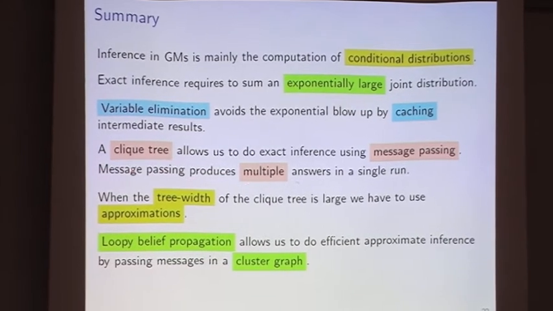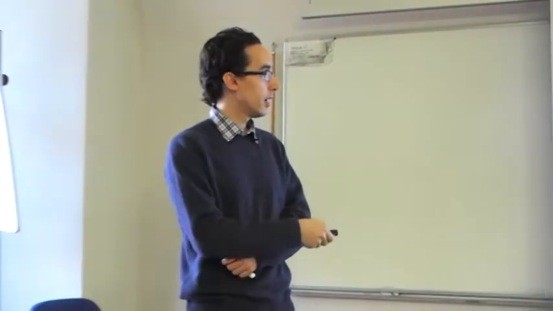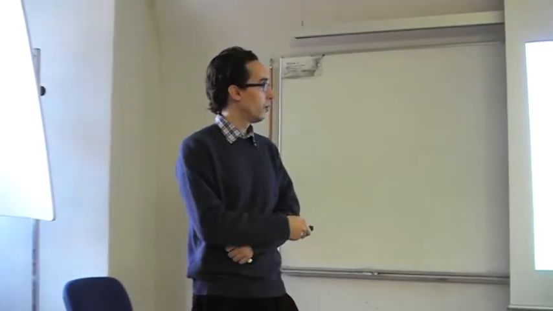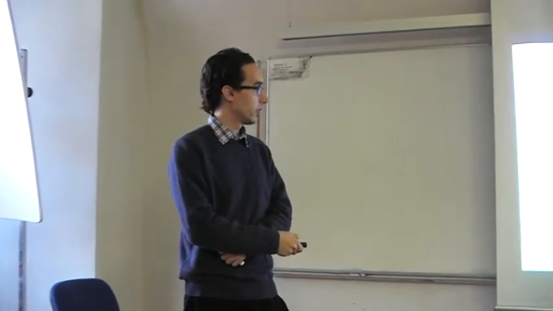The clique tree will allow us to do exact inference by doing message passing. Basically, variable elimination can be interpreted as doing message passing in a clique tree. And by message passing, we can produce the same results obtained by running variable elimination many times. We just do message passing, and we can get all the marginals, and we don't have to do variable elimination for each variable if we want to get the marginals.